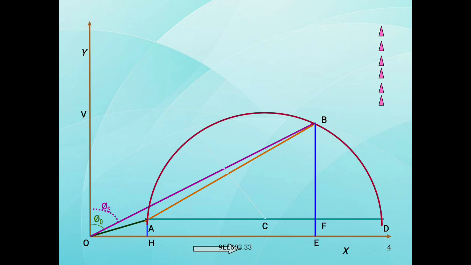Now, from the B point, it is projected towards the x-axis, and this line cuts the parallel line and the x-axis line.